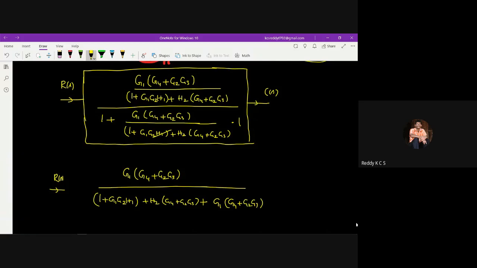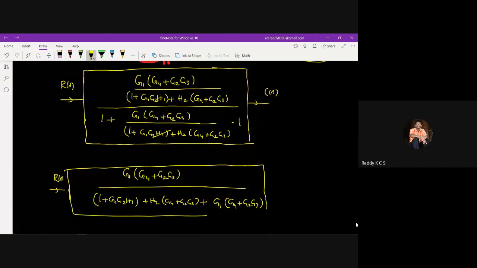So this has now become one single block after doing all operations, applying the rules and removing the minor loop. So this is now a single block.